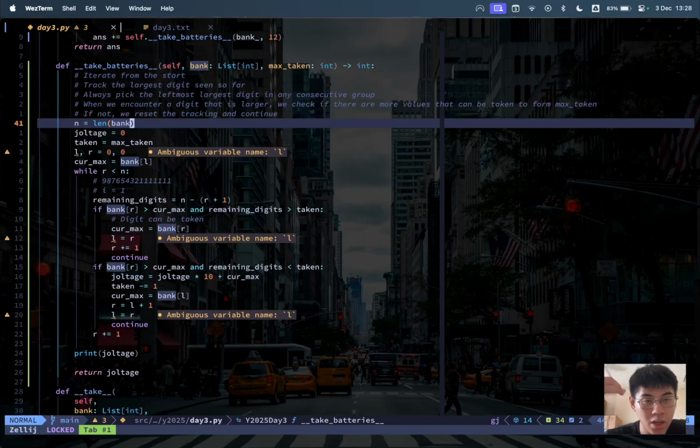We realize that, I see, because there could be a chance where I encounter such a large number that we can never pick it again. Let me see where it goes.